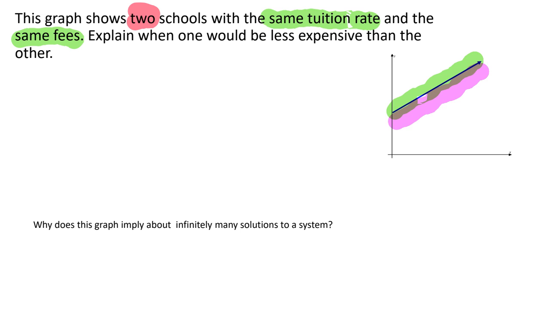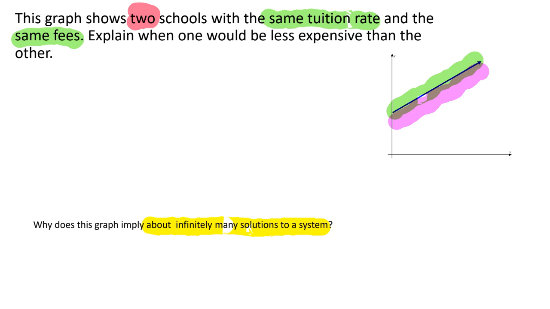Okay. Now, what does this graph imply? And here's the catch about infinite solutions. Remember, infinite or many solutions to the system. Now I'm going to answer the question at the bottom.